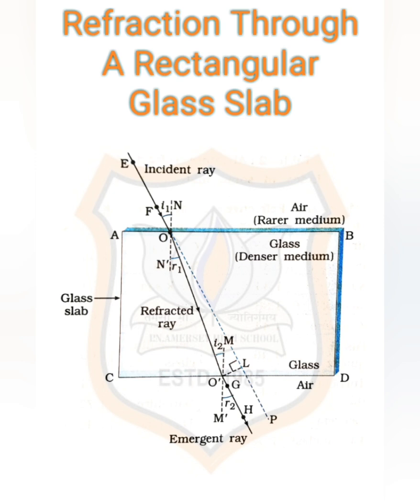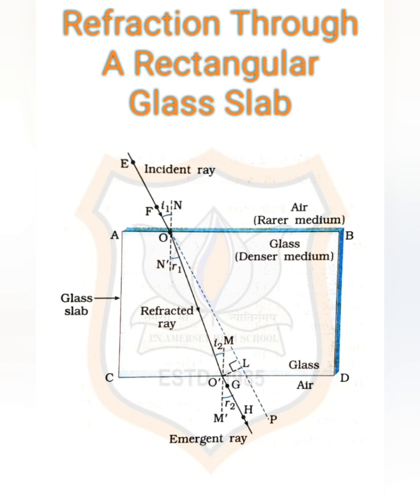To understand the phenomenon of refraction of light through a glass slab, let us have an activity. Fix a sheet of white paper on a drawing board using drawing pins. Now place a rectangular glass slab over the sheet, exactly in the middle position. Now draw the outline of the slab with the help of a pencil, and let us name the outline as A, B, C, D, as shown in the figure.